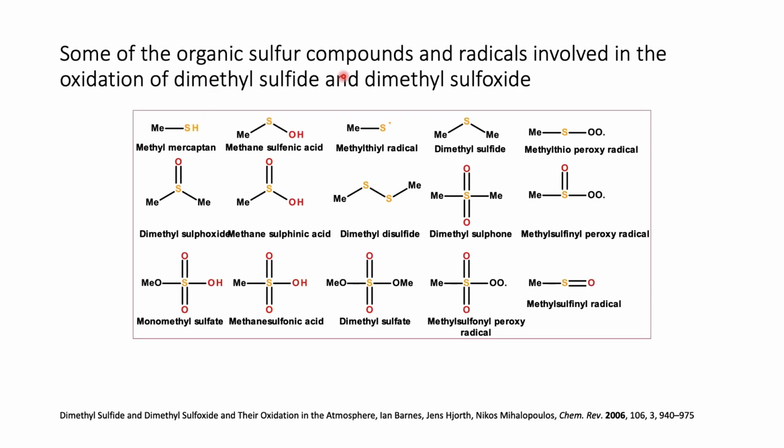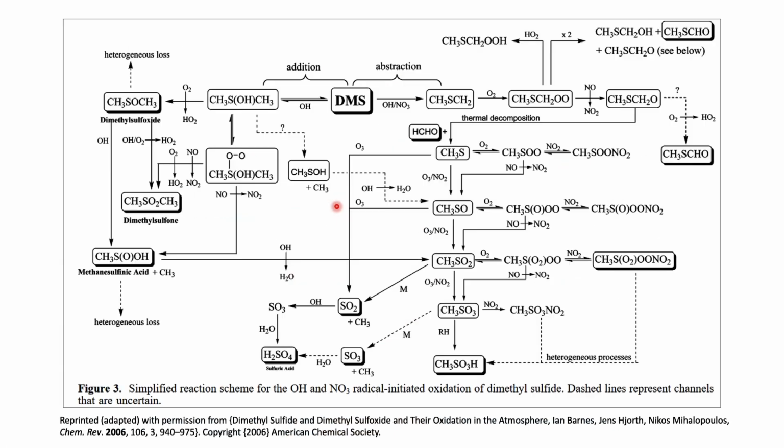Some of the organic sulfur compounds and radicals involved in the oxidation of dimethyl sulfide and dimethyl sulfoxide are given here: methyl mercaptan, methane sulfonic acid, methyl thiol radical, dimethyl sulfide, methyl thioperoxy radical, and other important species and intermediates. All of these are part of the cycle in which dimethyl sulfide is converted into methane sulfonic acid.